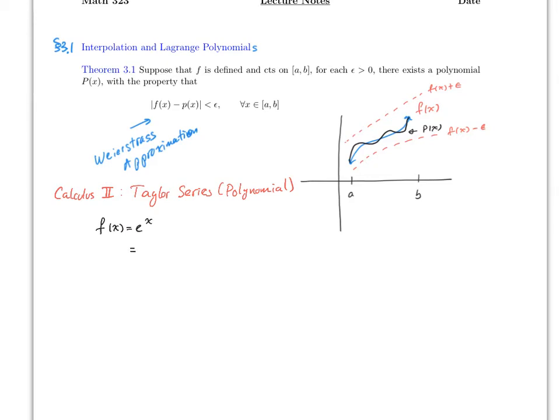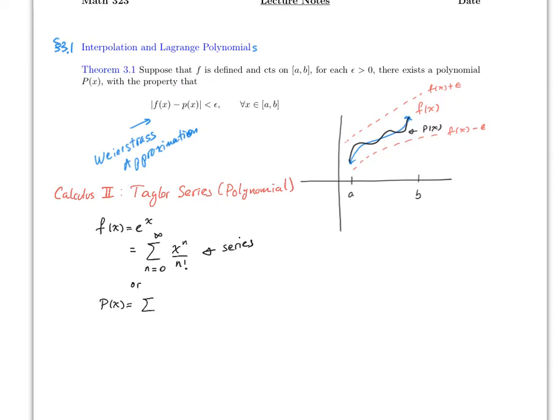And from calculus 2, this was equal to the sum from n equals 0 to infinity of x to the n over n factorial, which is a series because it goes to infinity. But if you stop this at some point, then we're going to call it a polynomial.